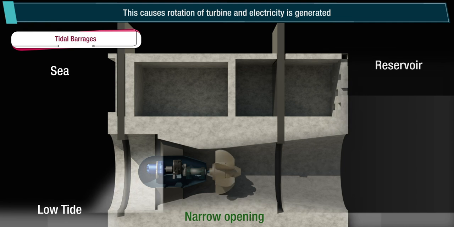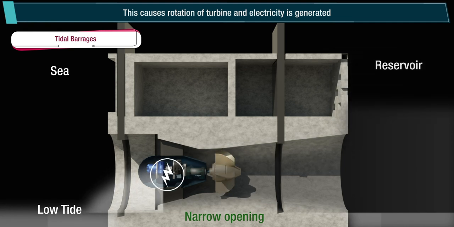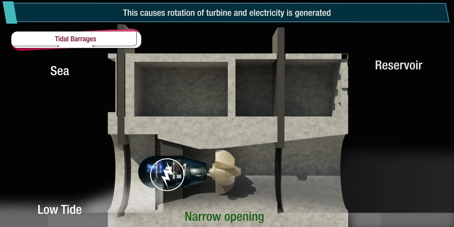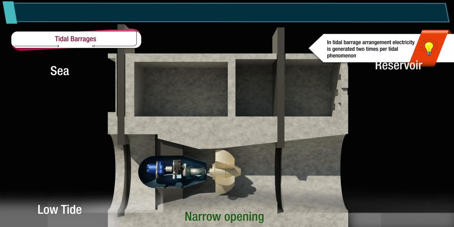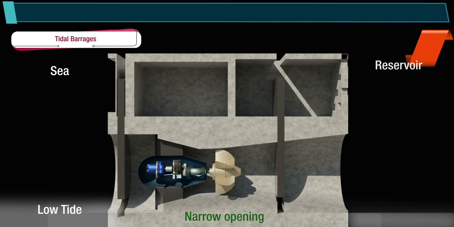This causes rotation of the turbine, and electricity is generated. Note: in a tidal barrage arrangement, electricity is generated 2 times per tidal phenomenon, since high and low tides occur twice a day, meaning we can generate electricity 4 times in a day.